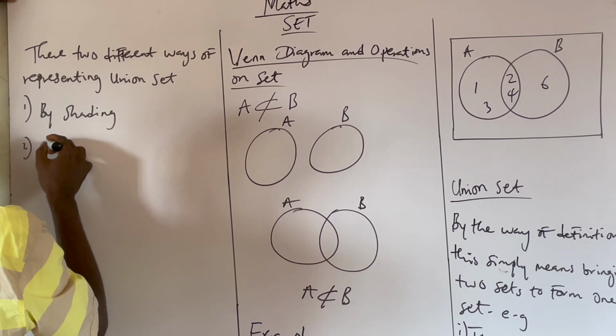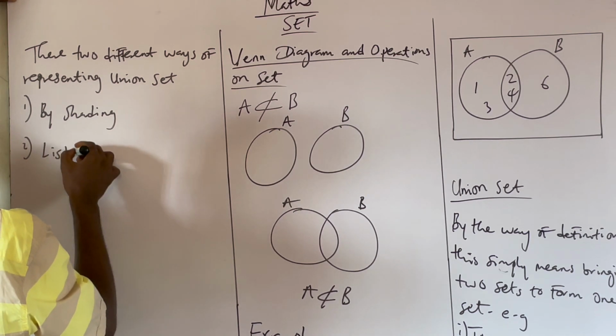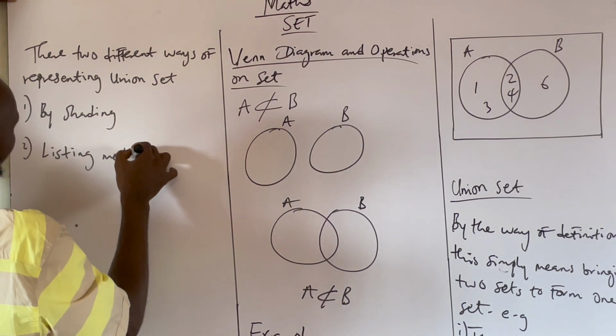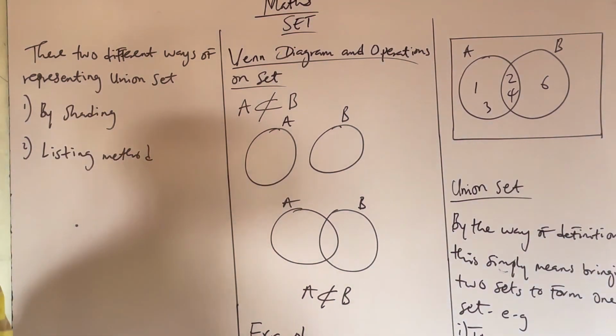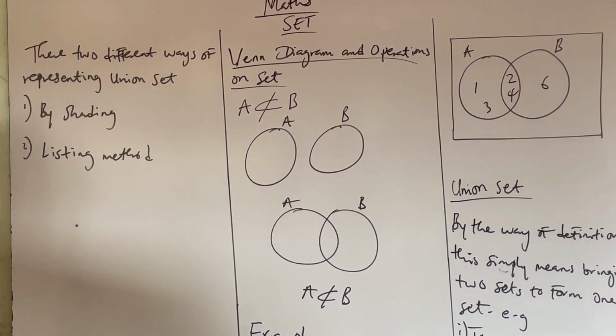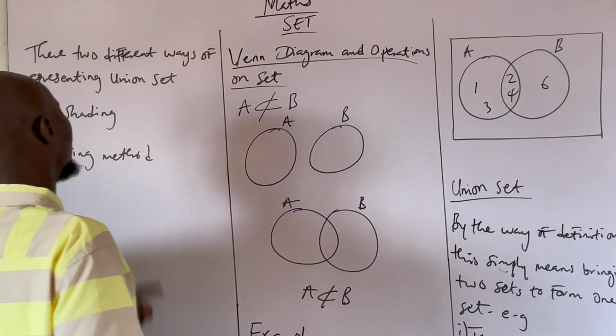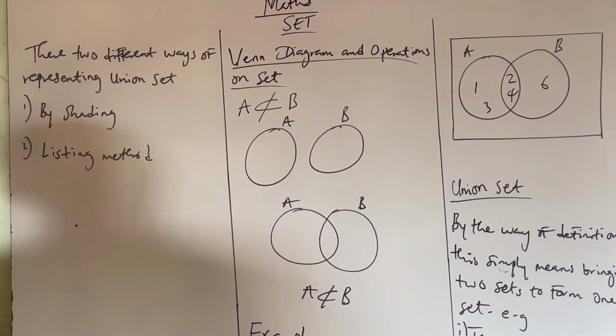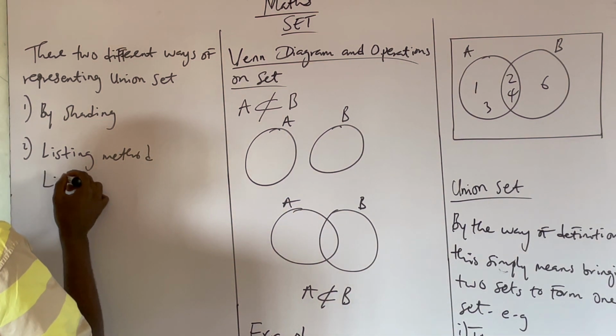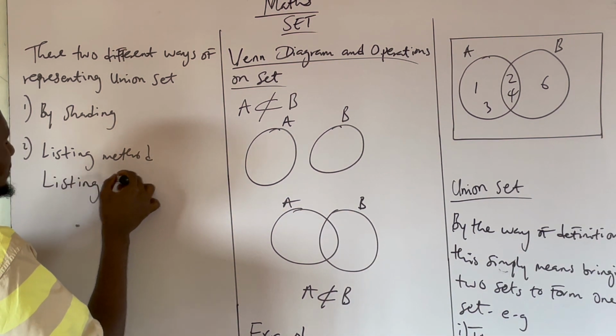Second one is by listing method. We're going to solve a question now that will show us what we said. The listing method is by using elements. We can say listing the elements.